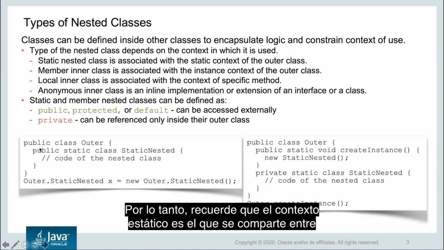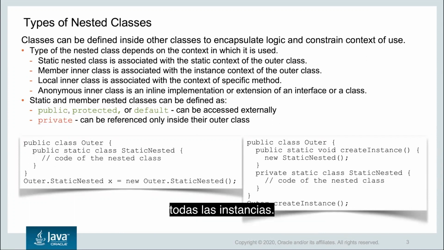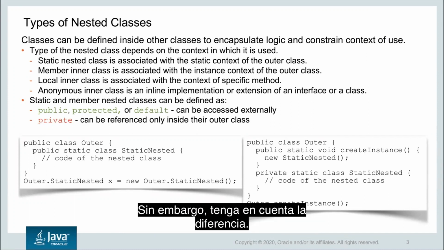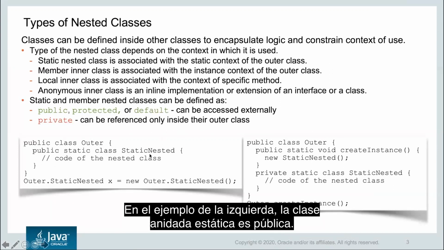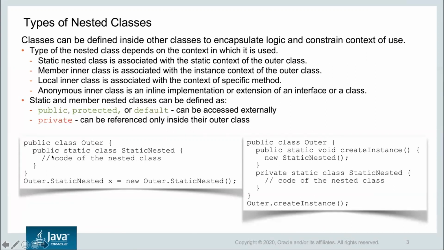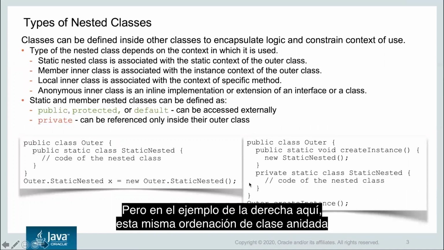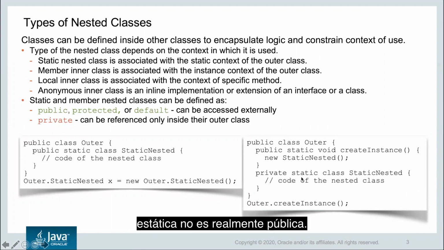Remember, static context is the one that's shared between all instances. However, notice the difference. In the left-hand side example, the static nested class is public. But on the right-hand side example, this same static nested class is private.